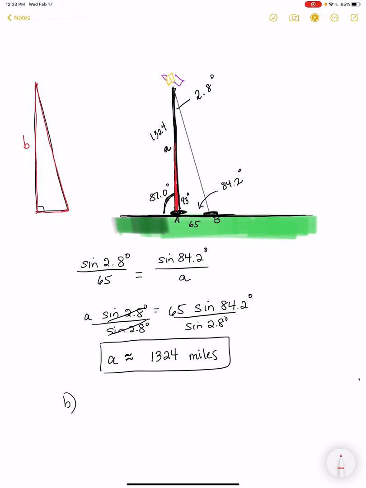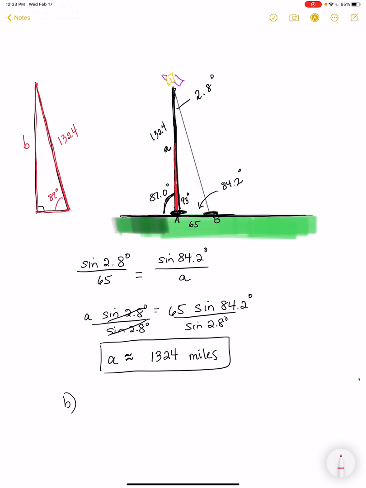Well, I already found this distance, right? That's what I found in the A part, 1324. What else do I have? Well, I don't need anything else because I know that angle was 87 degrees. This is my theta. This is going way back to what we did at the very beginning of the course when we solved right triangles.